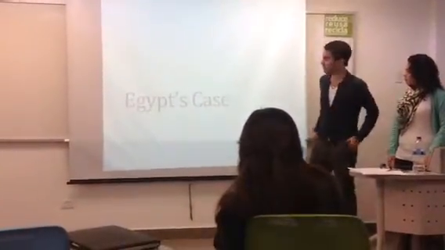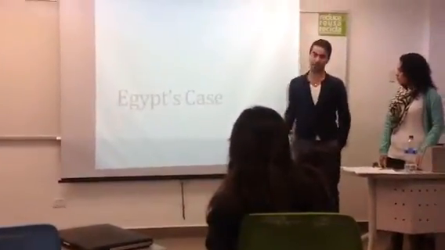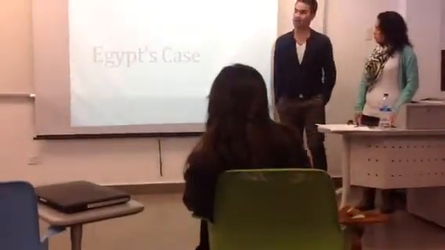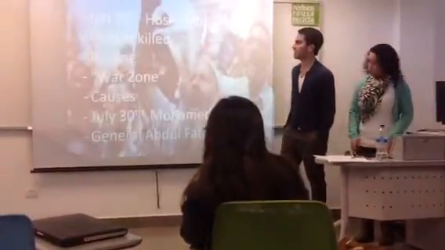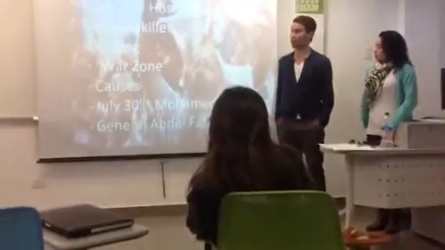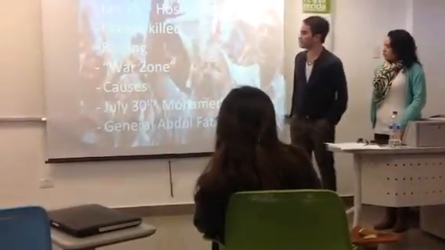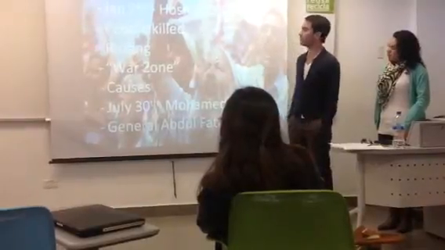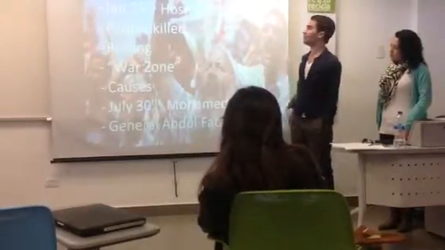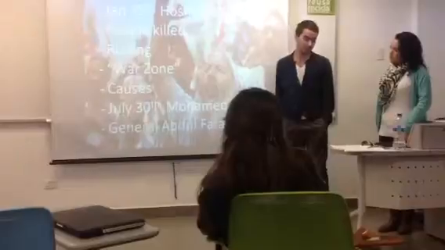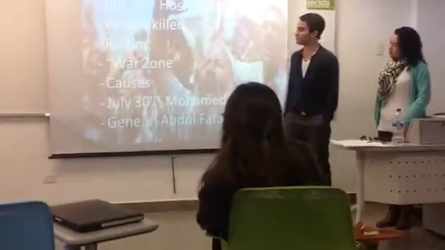Okay, so I'm going to speak about the main case, which is Egypt. Egypt has had two revolutions in a time lapse of 2 years. The first one was on January 25th, when they overthrew Hosni Mubarak, who had been the dictator for 40 years.